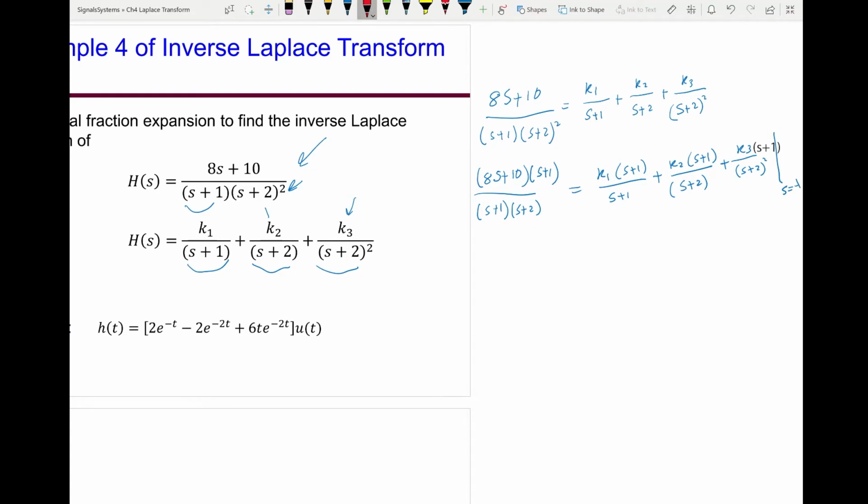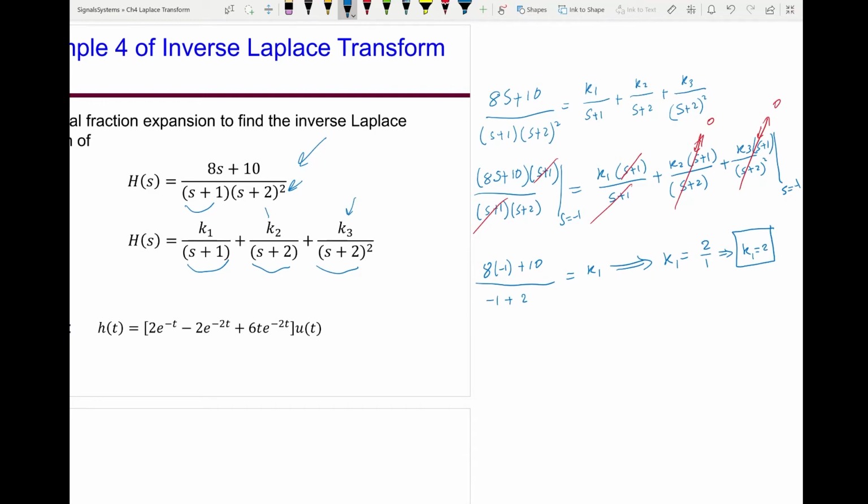Why minus 1? Because this will cancel. Now when you set s to minus 1 here, that will be 0. And again, when you set s to minus 1 here, this will go to 0. And you will end up with k1 equal to, in this case, 2 over 1, or k1 equal 2.